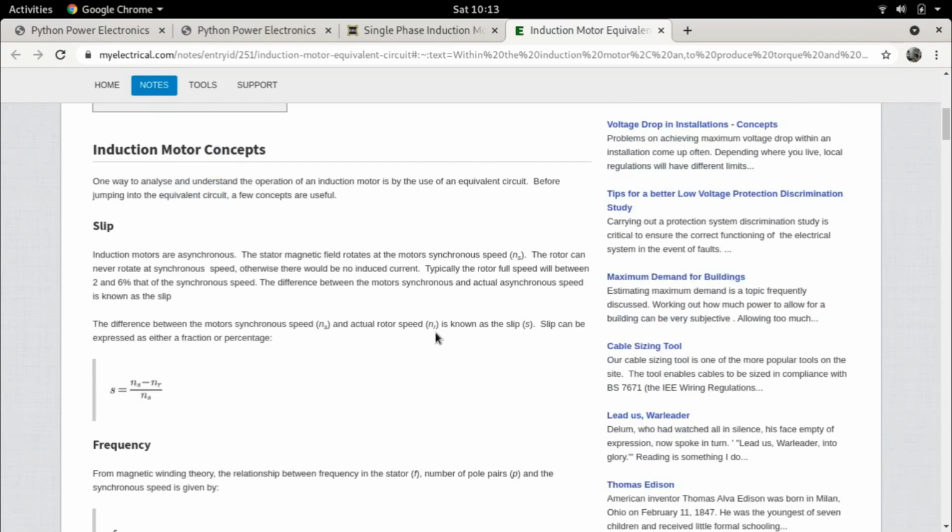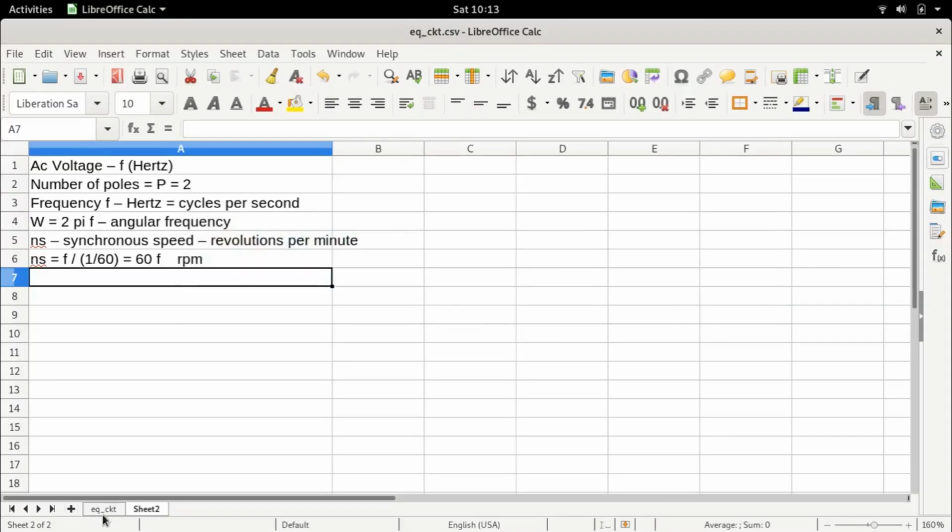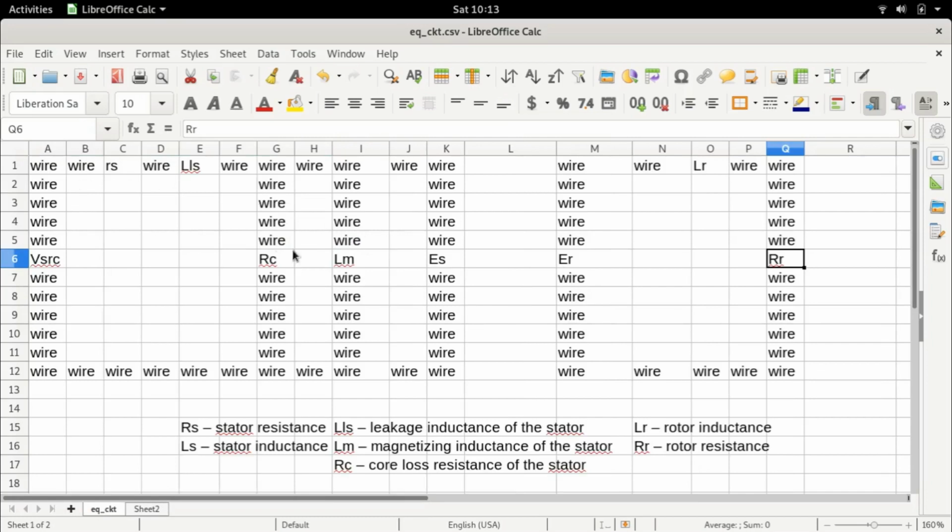So we have written in this equivalent circuit just ER, but in reality this is not ER, but rather it is S into ER. That is the slip multiplied by ER. And similarly, this SLR is also equal to S into LR.